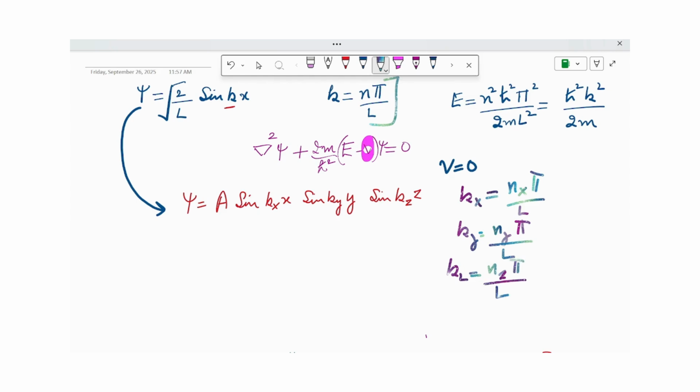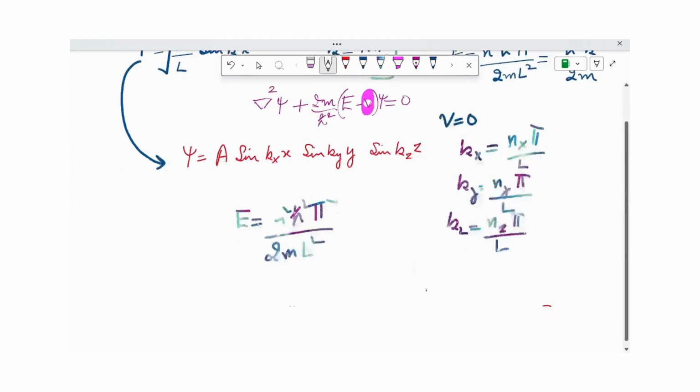And of course, the expression for energy will remain the same as n square h cut square pi square over 2m L square.